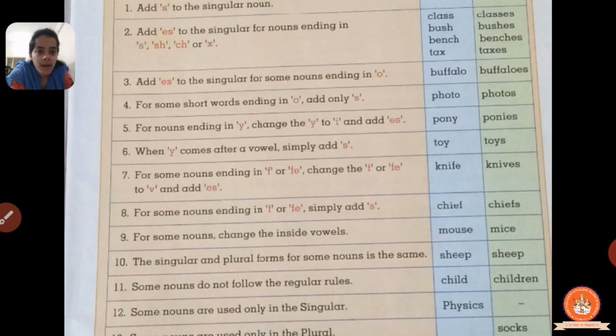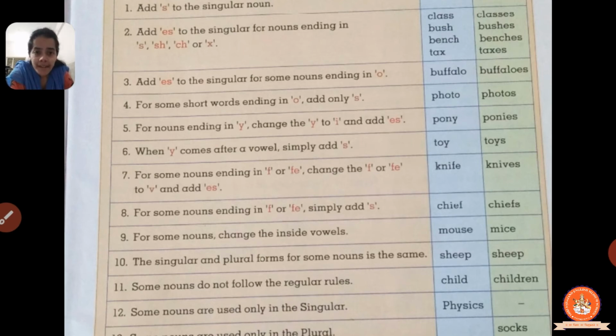Okay. Then we have the next one. Some nouns do not follow the regular rules. So there are some nouns which don't follow the regular rules. Regular rules means that in all the nouns which we saw, we are adding just s or es, right? So they don't follow the regular rules. For example, for singular there is a child, we cannot write child is.